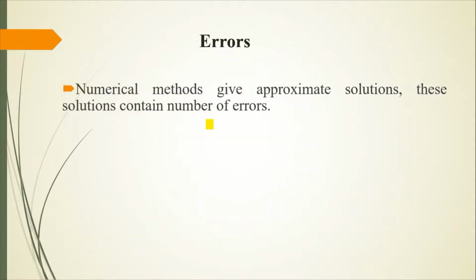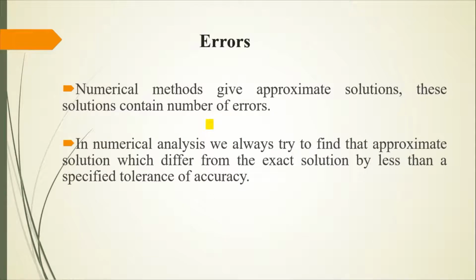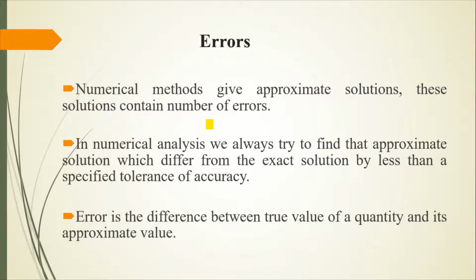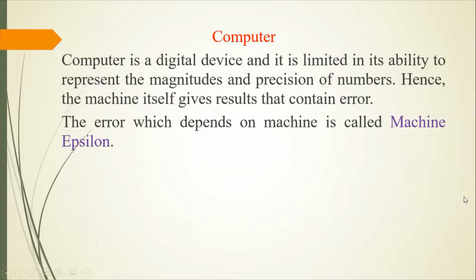Errors. Numerical methods give approximate solutions. These solutions always contain some errors. In numerical analysis, we always try to find the approximate solution which is nearest to the exact value. Thus, we can say in simplest form, error is the difference between the true value of a quantity and its approximate value. Error can occur from both machine and human.